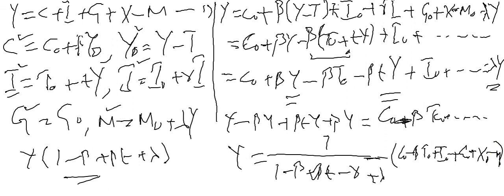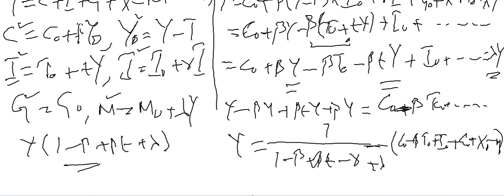So here we see that this is basically the multiplier. If we assume that government expenditures are constant, here we assume G naught.